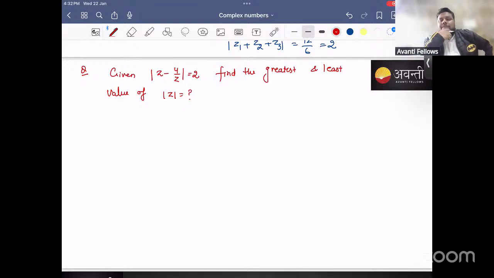Yes, give it a try. Magnitude of z minus 4 upon z is given as 2. Find the greatest and least value of mod z.